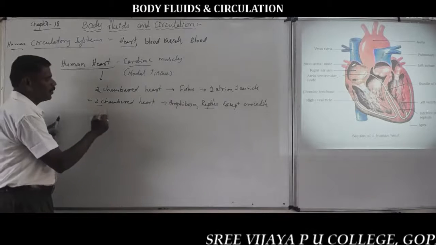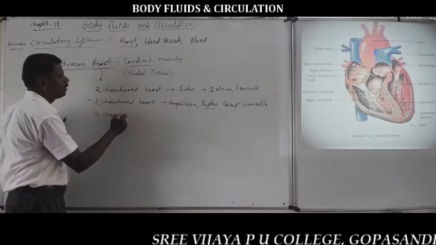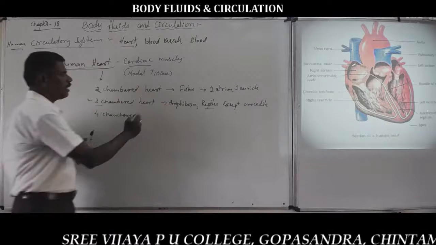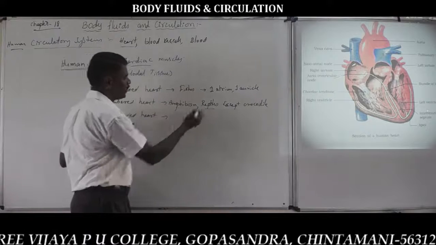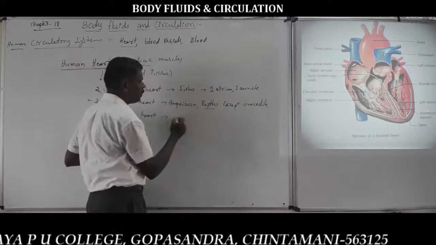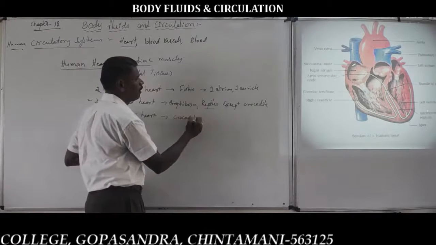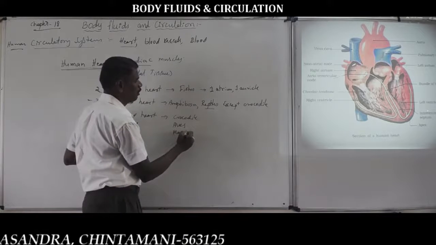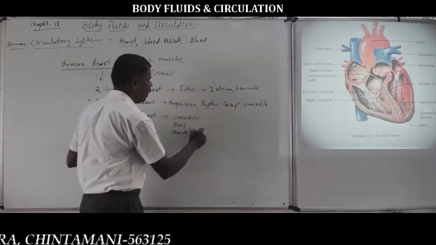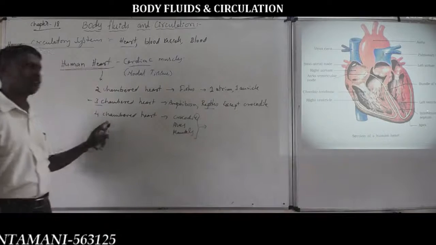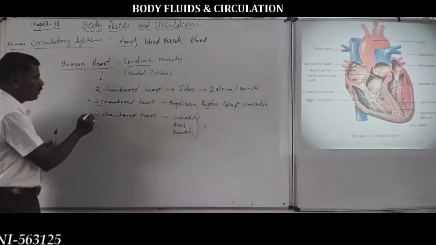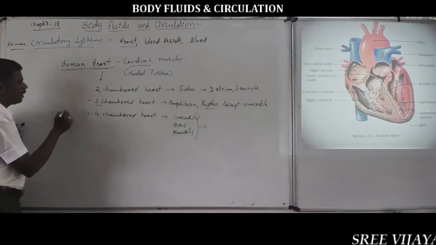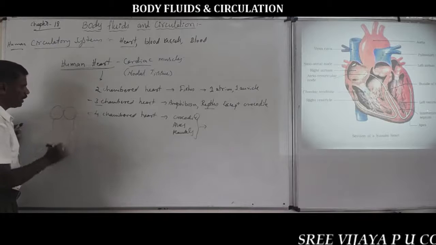Another one is the four-chambered heart. It is found even in crocodile, aves and mammals. All of these possess a four-chambered heart. In the four-chambered heart there are two atria and two ventricles.